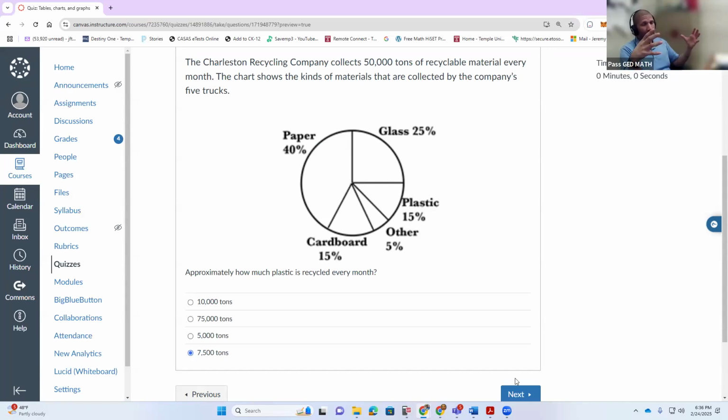Remember, a pie chart or pie graph is just comparisons to the whole. So again, go with what you know. You know half is 25,000. You know 10% is 5,000. So if they're asking you about 15%, again, going with what you know, if I know 10% is 5,000, I know 5% is 2,500. Understand that? Okay.